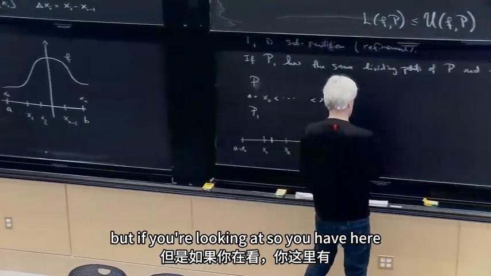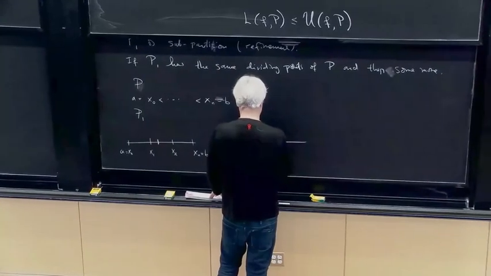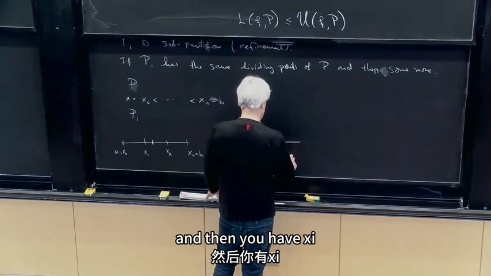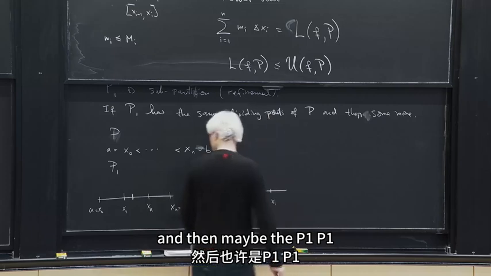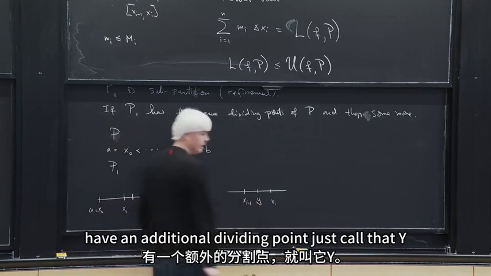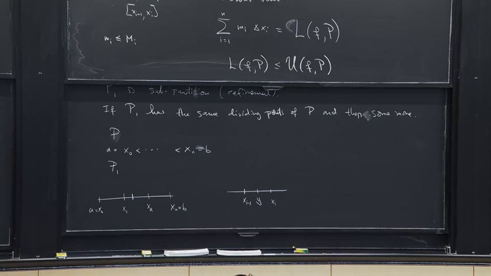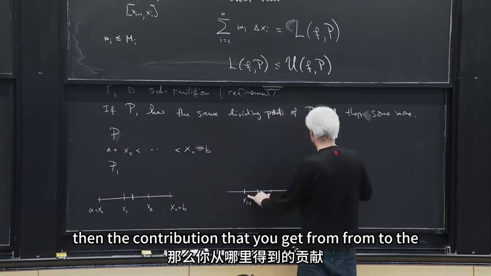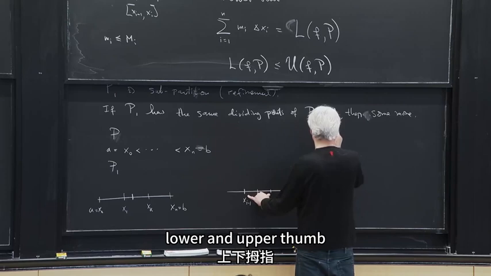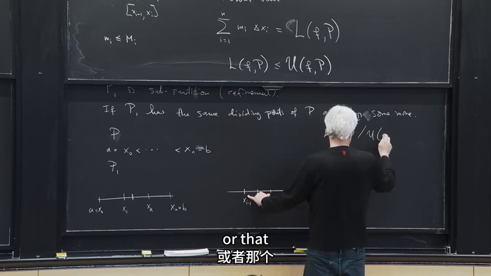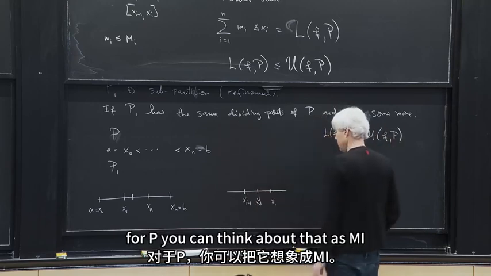But if you're looking at xi minus 1, and then xi, and then maybe the partition P1 has an additional dividing point, called y, then the contribution that you get to the lower and upper sum for P, you can think about that as Mi.